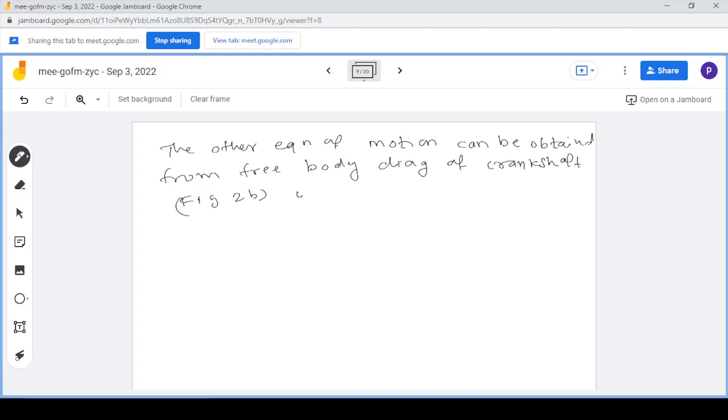Because we know, with the known values of its moment of inertia and the torsional stiffness.